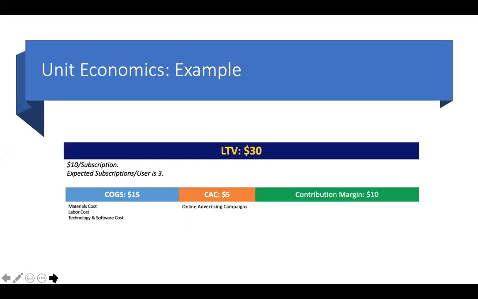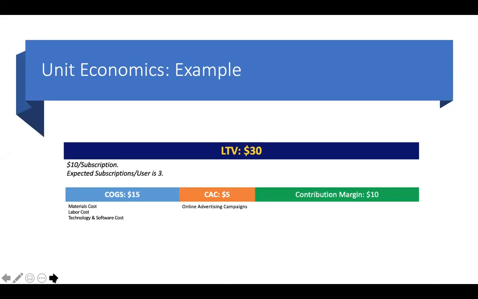So this is an example. Like I said before, your LTV is not just the price of the product, but it's the price of the product times how many times you think you can sell that product to a given user during their lifetime.